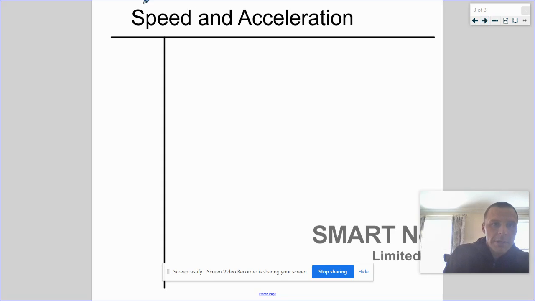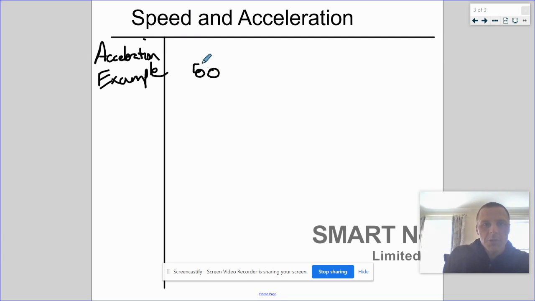Our second one will be an acceleration example. Our acceleration example is going to be 2 parts. The first part is that the car starts off moving 20 miles per hour.